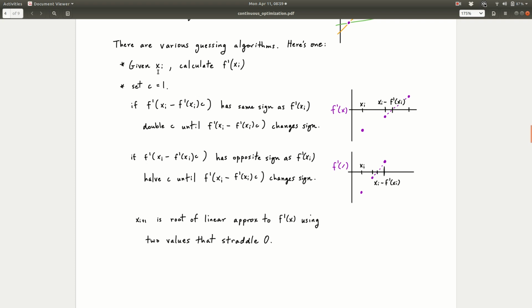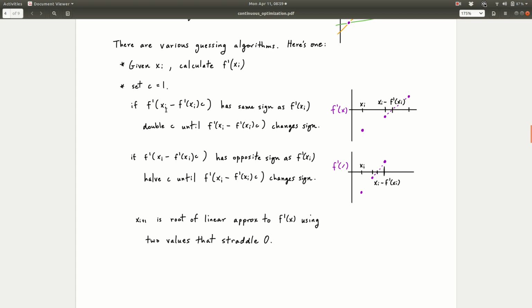So here's one. We have our value of x, and we can calculate f prime. And we just pick a value of c. And then we calculate the derivative of f at x_i minus c f prime, so the derivative of f at the next point, given that value of c.